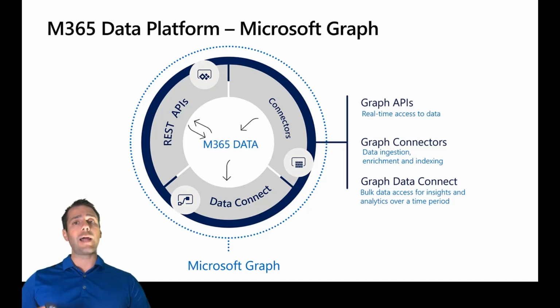If you take a look at the top right part of the diagram, we have Microsoft Graph connectors, which allow you to ingest data from external systems that you have either on premises or running in the cloud and be able to feed that data into the Microsoft Graph. And then the third piece, which is the focus of this session, is the Microsoft Graph Data Connect, which allows you to export your Microsoft 365 data in bulk and create insights and analytics on top of it.